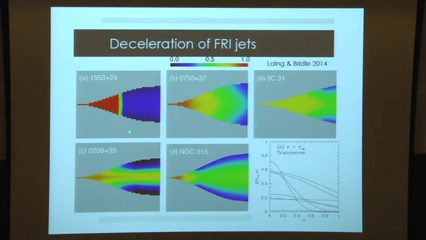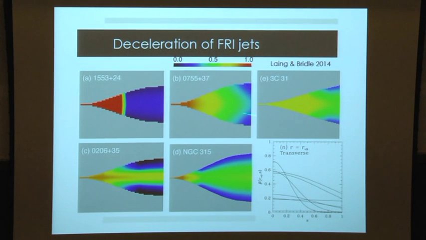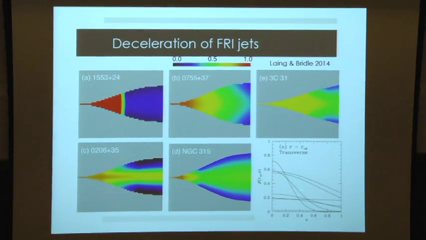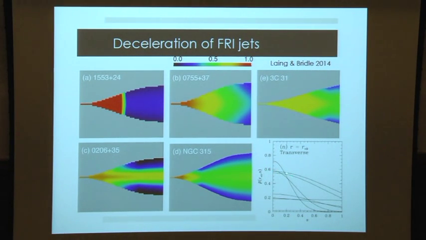In some cases this deceleration occurs faster, but typically it's a continuous process. At the end of the deceleration process, you have very wide and slowed down jets. This is the velocity, and this is the jet radius.